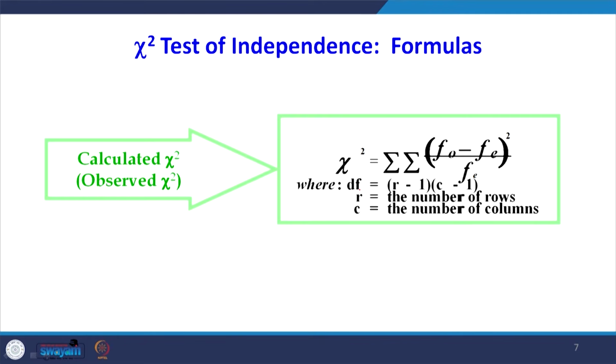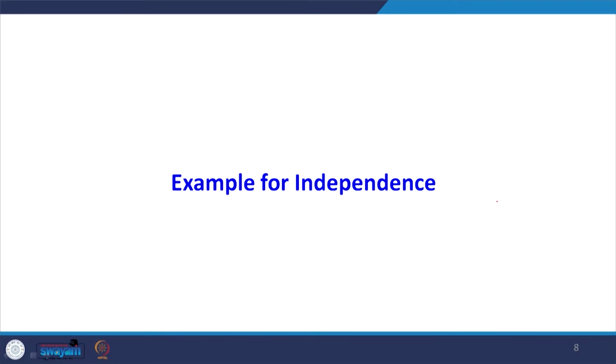Another important thing is degrees of freedom. The degrees of freedom is row minus 1 multiplied by column minus 1. That means that many independent cells we can supply any values. R represents the number of rows, C represents the number of columns.